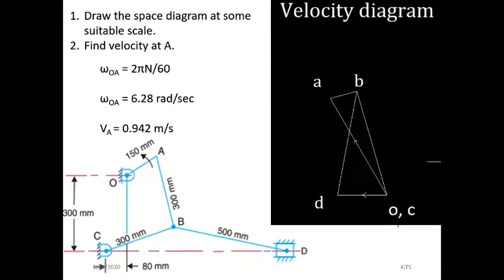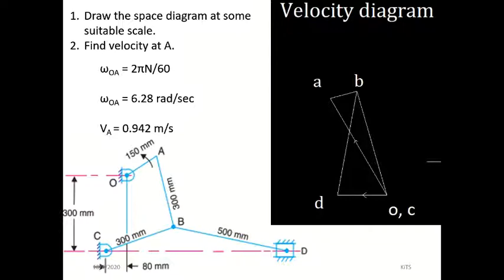So everything will be mentioned as one point. I will tell you once again, listen carefully. In the velocity diagram, for all the fixed links, you have to mention only one point.